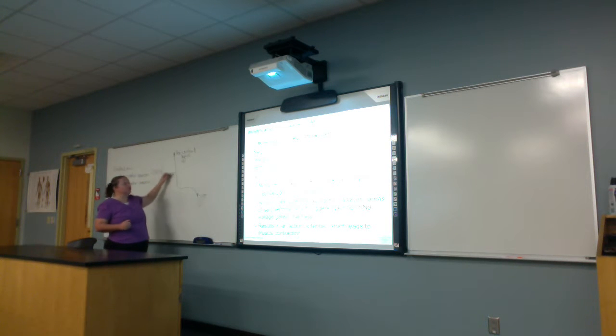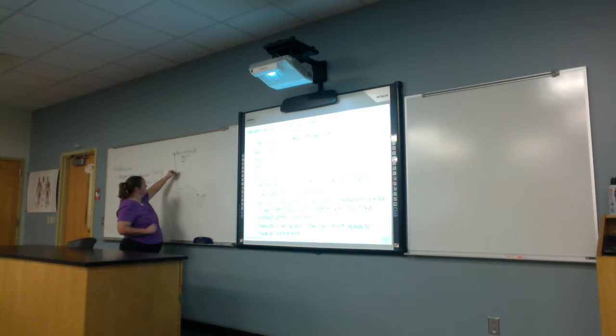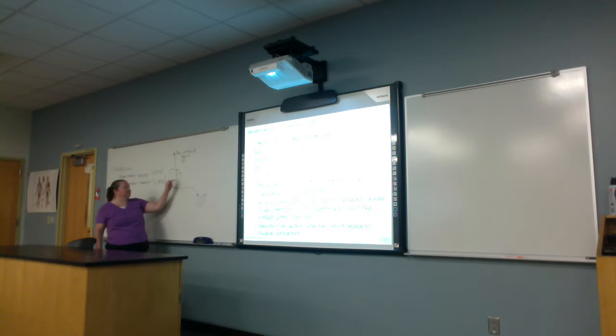This can come down through, what are we going to call the tracks it comes down through? Descending tracks. Goes down through those descending tracks, and this is going to end up in what's this? That's the ventral horn.